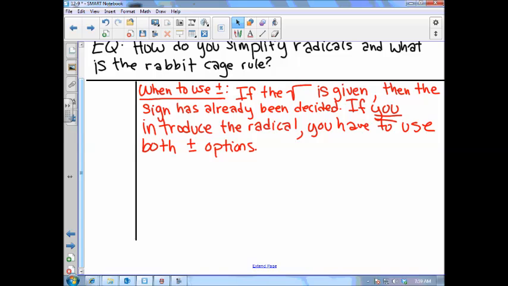Okay, if you introduce the radical, you have to use both plus and minus options. An example of that would be like when we had a quadratic.